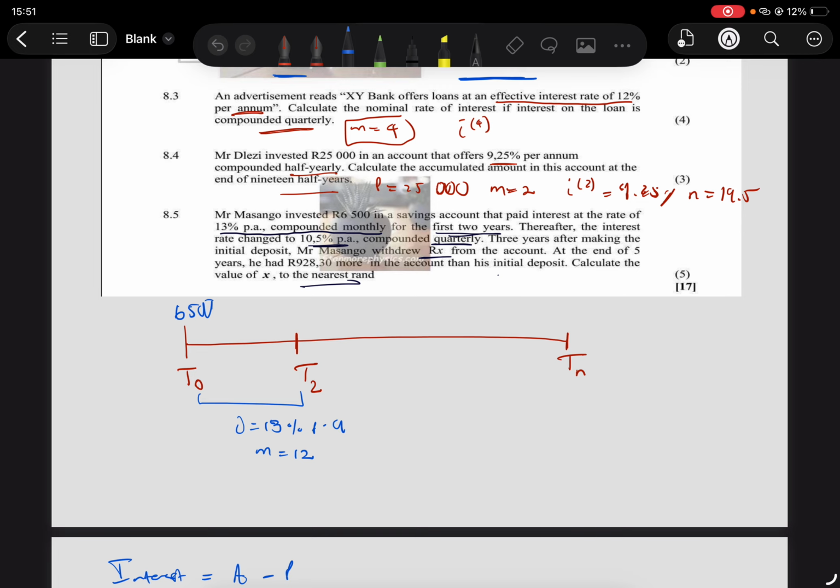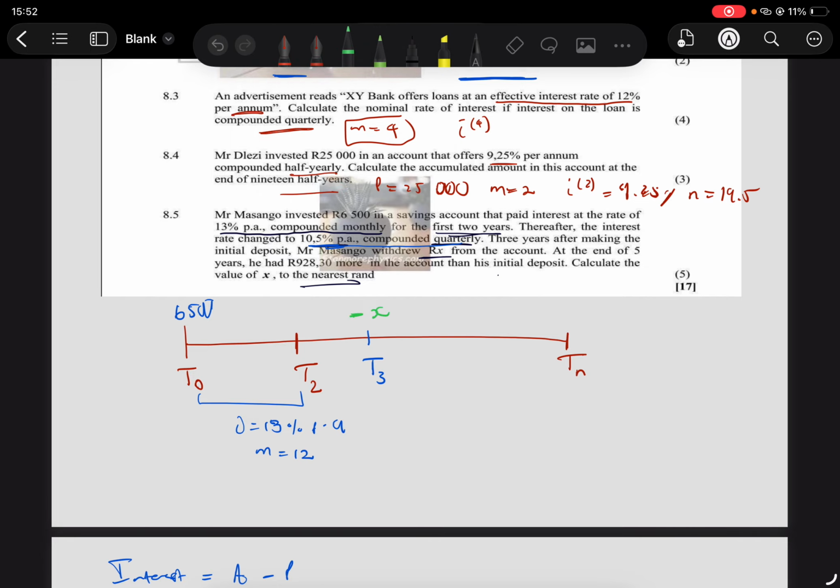Thereafter, the interest rate changed to 10.5% compounded quarterly. Okay, 3 years after making the initial deposit, so 3 years from time 0, Mr. Masango withdrew RX. So essentially, Mr. Masango withdrew at time 3 because that is 3 years after the initial deposit. That's when Mr. Masango withdrew X, right?